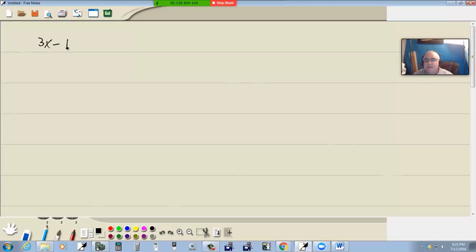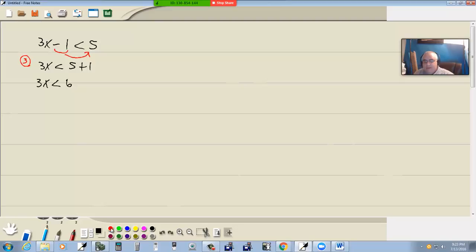Now 3x minus 1 is less than 5. First step, get rid of parentheses, don't have any. Second step, get rid of fractions, don't have any. Third step, get everything with an x on the left side, numbers on the right. So take negative 1, move it over. Take anything across your inequality symbol, the sign changes. So the negative 1 becomes a positive 1. 5 plus 1 is 6.